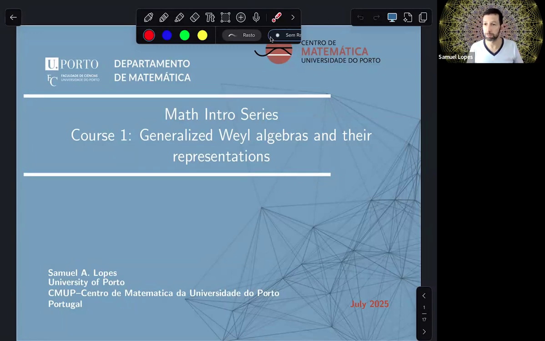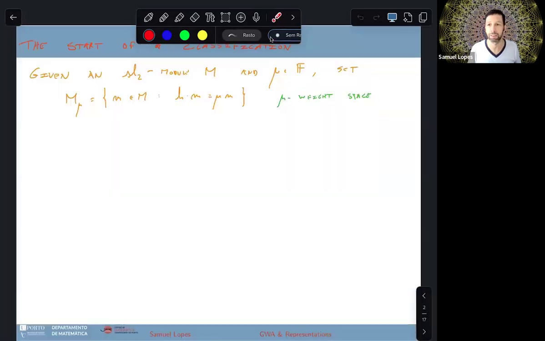They were symmetrically displaced, so we would start with a non-negative integer m, and then go down 2 by 2 up to the integer minus m. So it was very symmetrical, and so it makes sense to start looking at these eigenspaces in general.